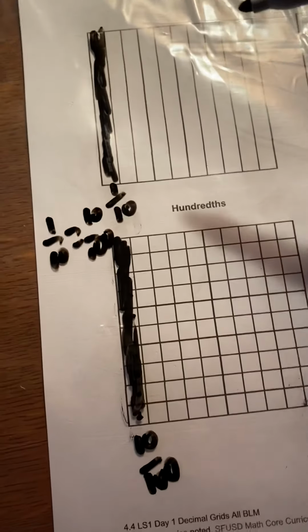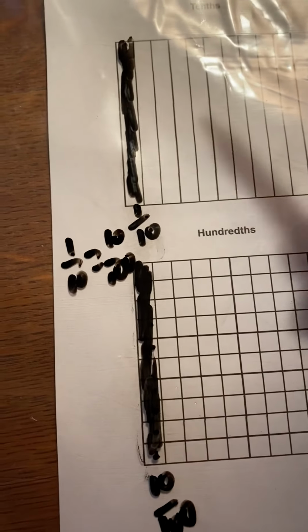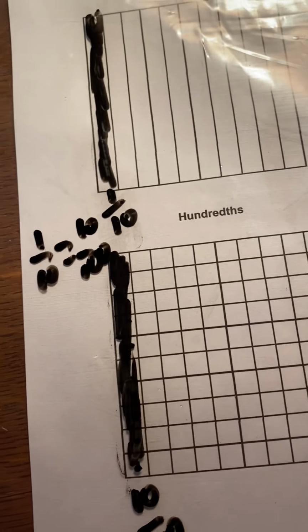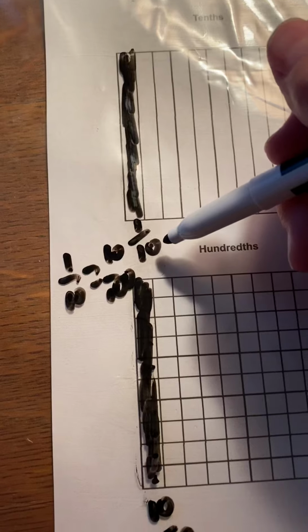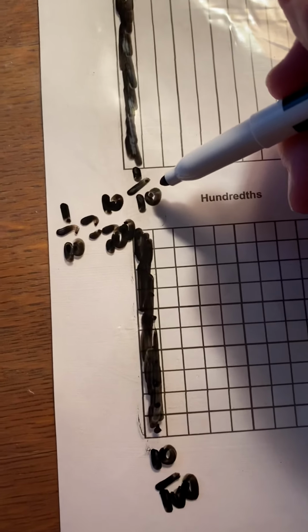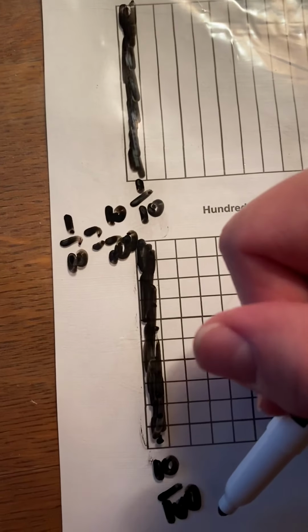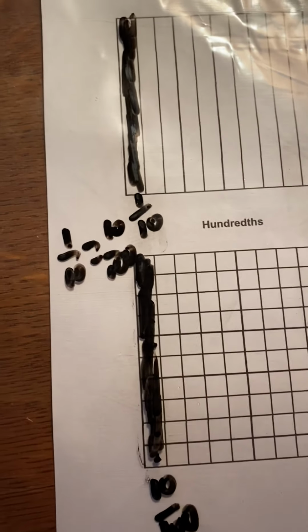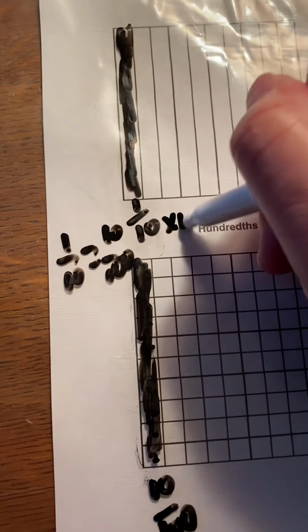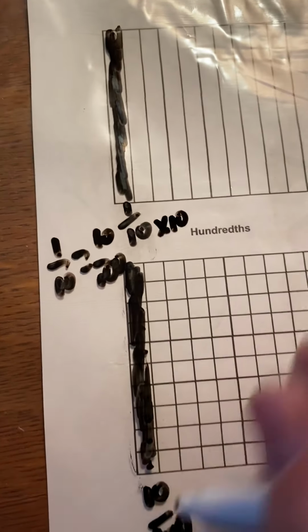And that's kind of the idea of our whole lesson here. And then what we started to think about yesterday was the fact that, well, if I have a fraction that has a 10 in the denominator, to make it an equivalent fraction that has 100 in the denominator, all I really have to do is move it one more place value or multiply by 10, because 10 times 10 is 100.